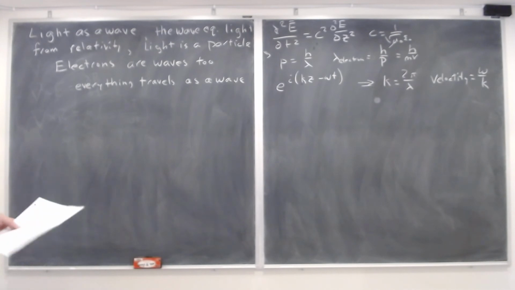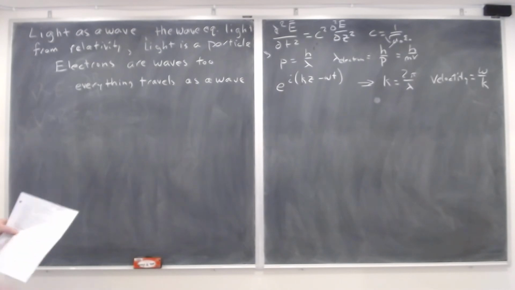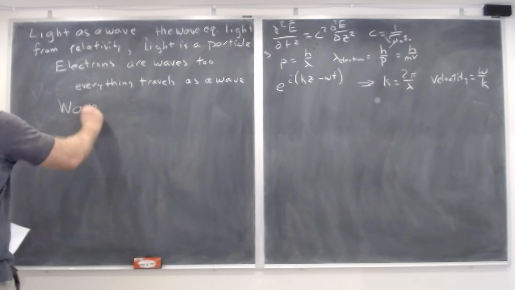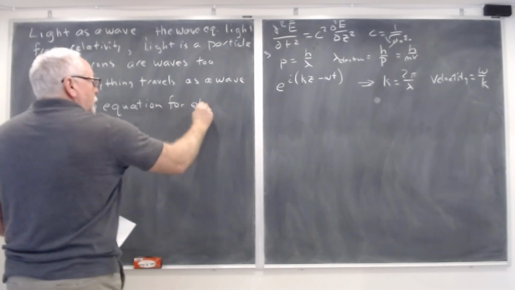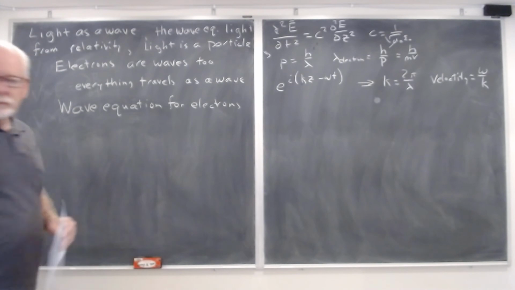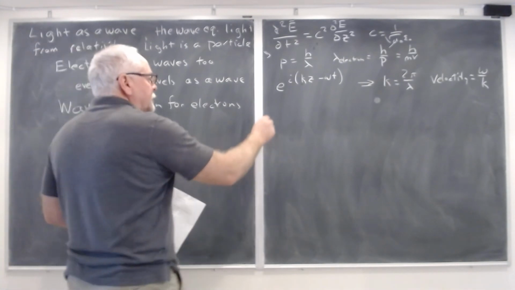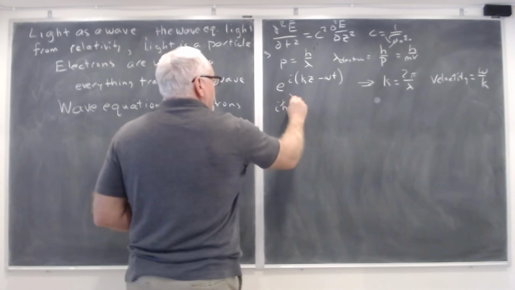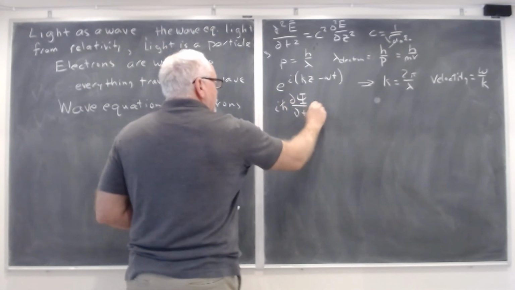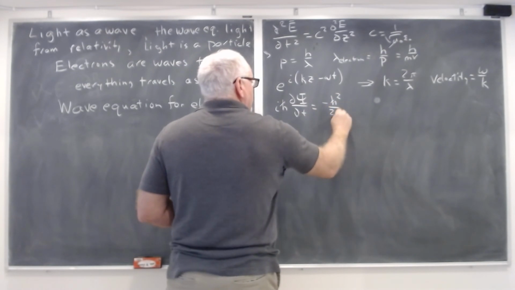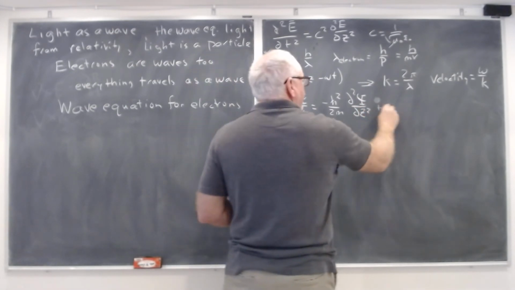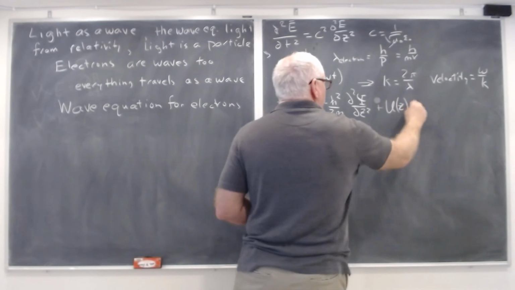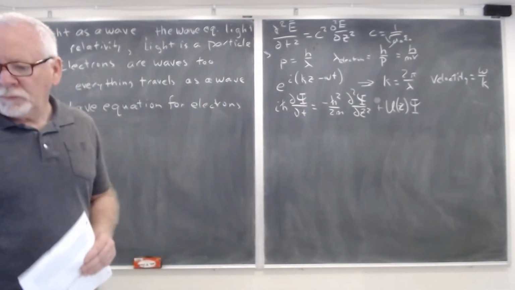All right, since we determined that electrons behave as waves, we have to come up with a wave equation, and that wave equation was determined by Schrödinger to be Schrödinger's equation.